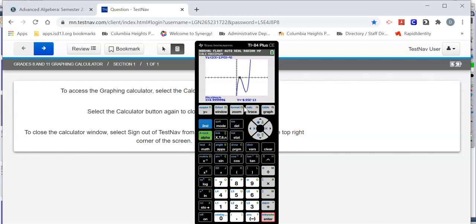So for this one, it says the maximum x is 0.999996. No matter where you round that, that's going to round to an x value of 1. And then with y, it gave us a negative 8.55 e to the negative 13th. So that's like saying 0.0000000000008 and then 55.